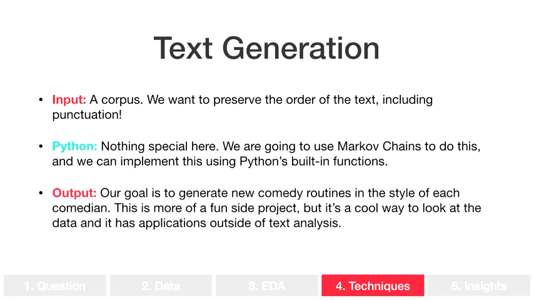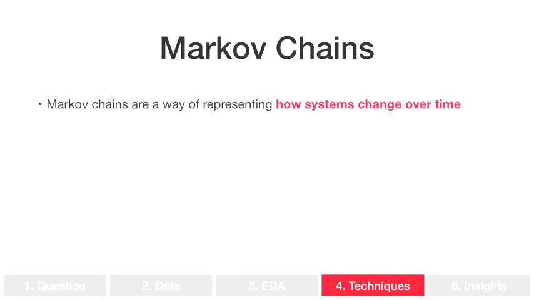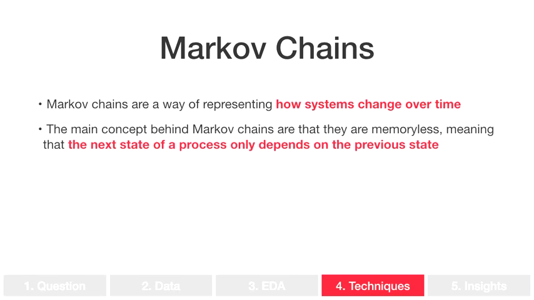The output would be a new comedy routine, so this is purely for fun. You can do this using something called Markov chains. Markov chains are a way of showing how states change over time. The main assumption is that the next state of a process only depends on its previous state.